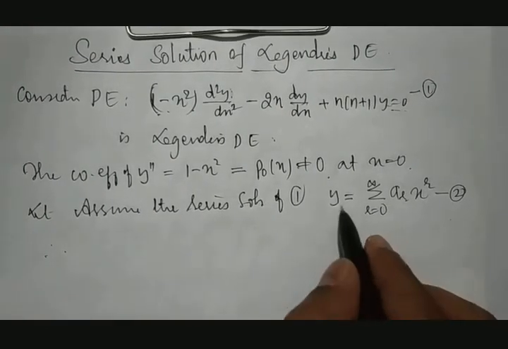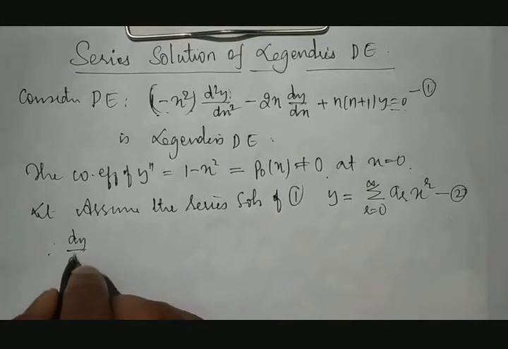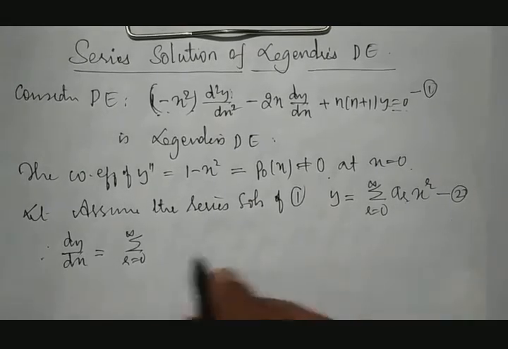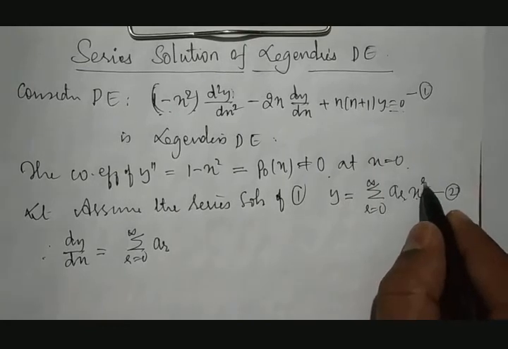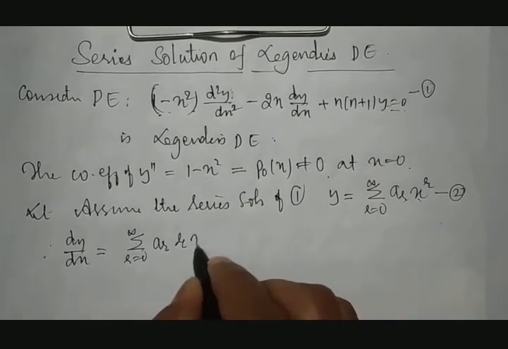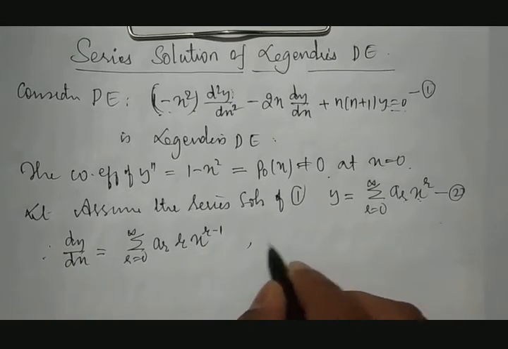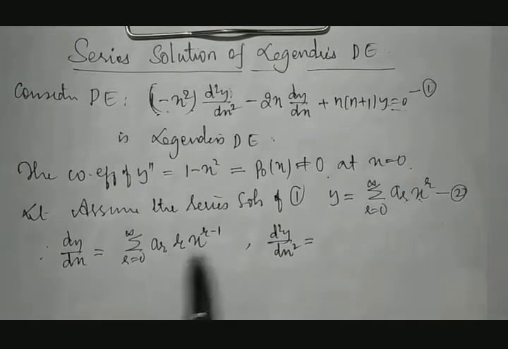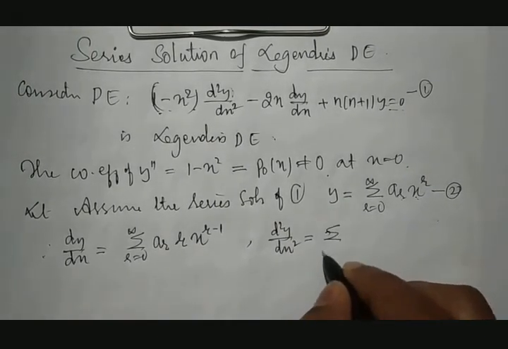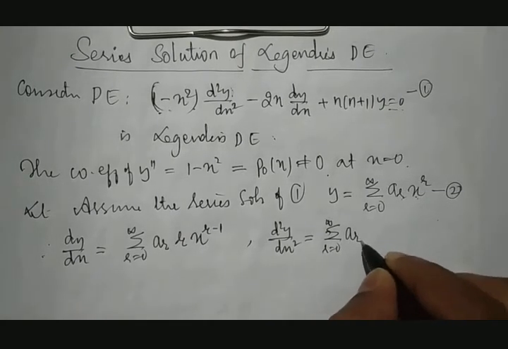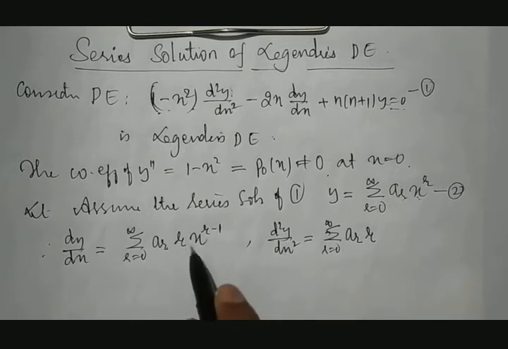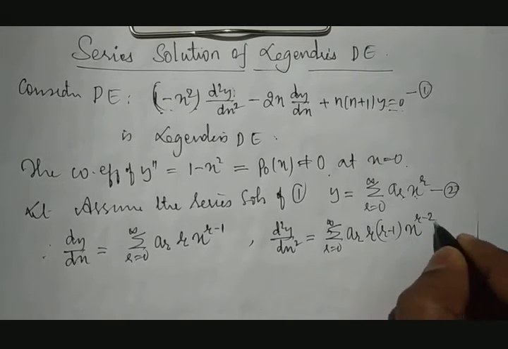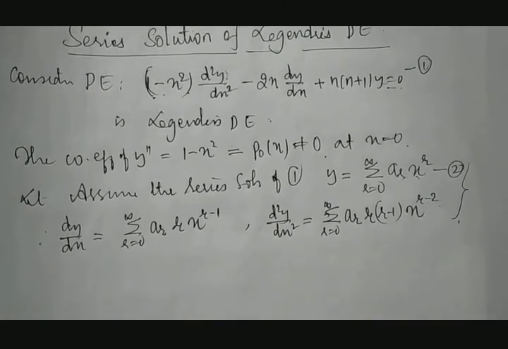Similarly, differentiating this, we get dy/dx equal to summation from r equal to 0 to infinity a_r into r x^(r-1). Similarly, d²y/dx² is obtained by differentiating once again with respect to x: summation from r equal to 0 to infinity a_r r (r-1) x^(r-2). All together we take it as equation number 2.